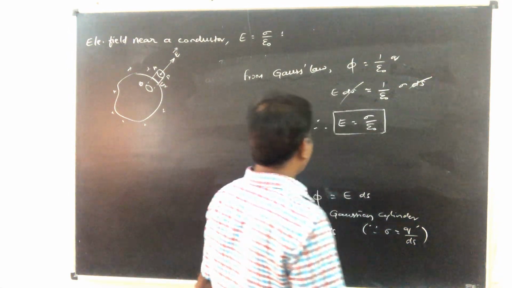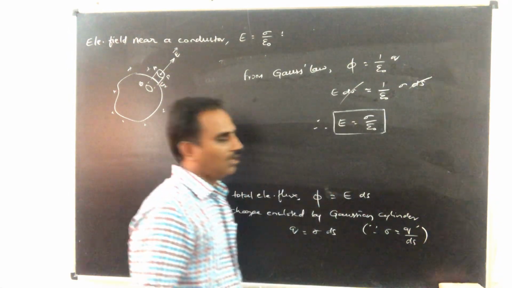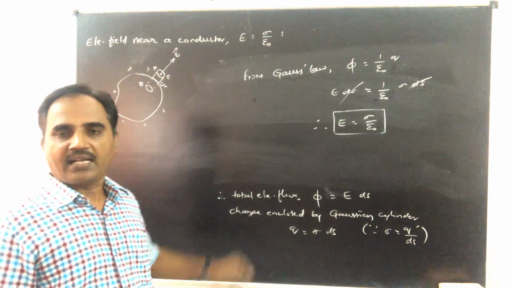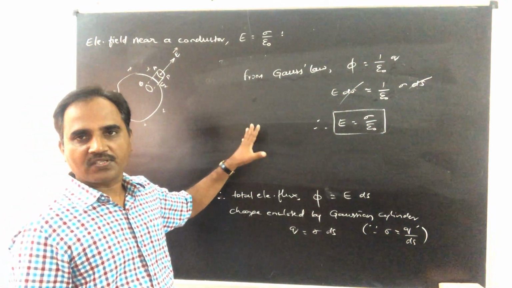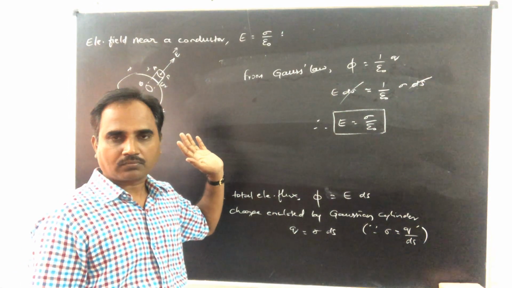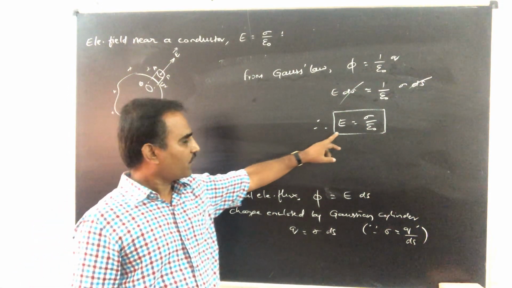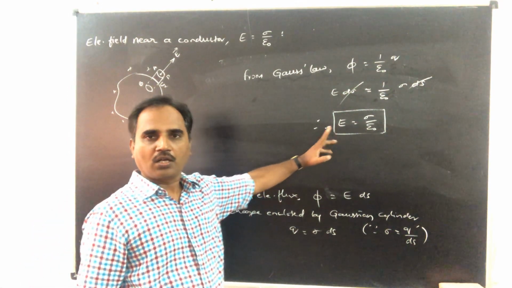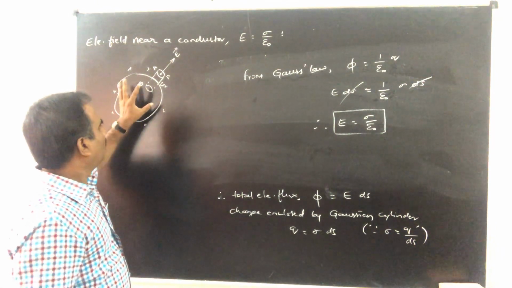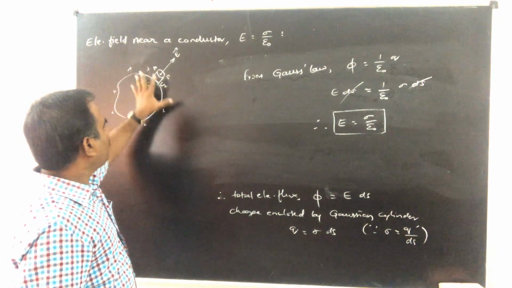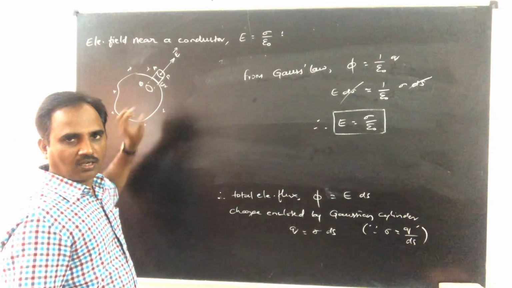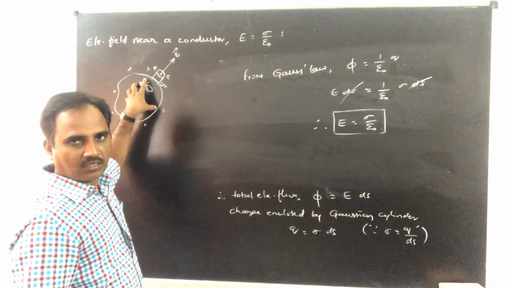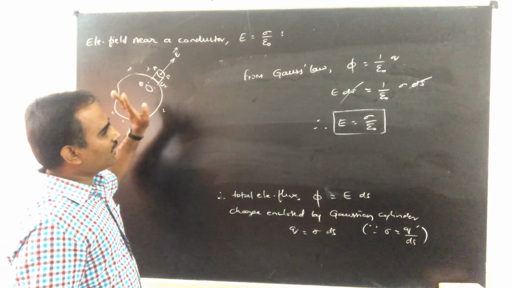So this is the expression for electric field at a point near the surface of a charged conductor. This expression is true not only for a uniform distribution of charge but also for a non-uniform distribution like this non-uniform conductor.